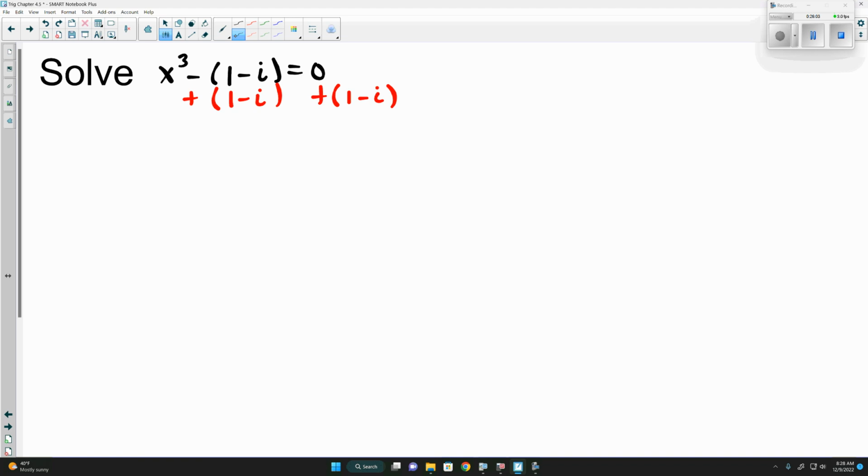And then the rest is either going to be numbers or complex terms. So really we're saying x to the third is equal to 1 minus I. So what this problem is saying is that n is 3. We're wanting to take the cubed root of this. K, in our case, is 0, 1, 2.